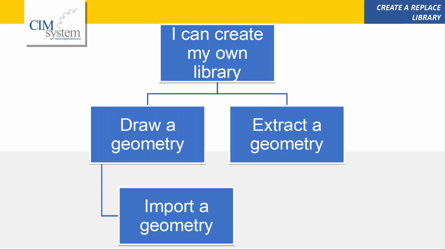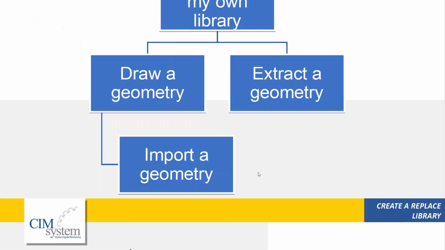In this case, I should check that the STL connection is a good connection. In both cases, I can import this geometry inside the replace library and work with this kind of connection.